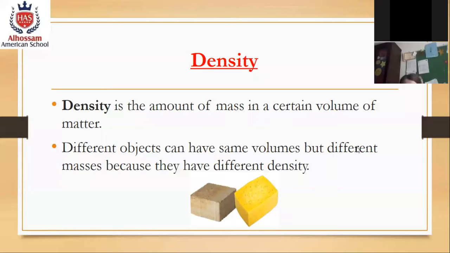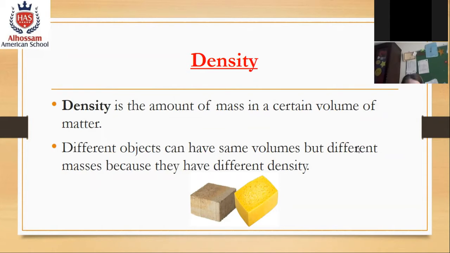Okay, perfect. So I want to ask you, if I have a football and we put it on the balance, and with the same volume as the football we put a balloon on the balance too, would it have the same mass?